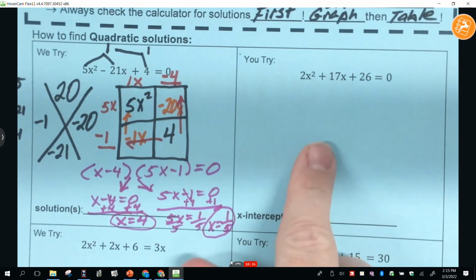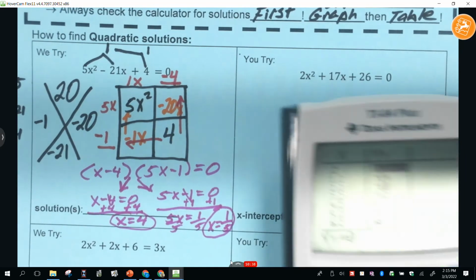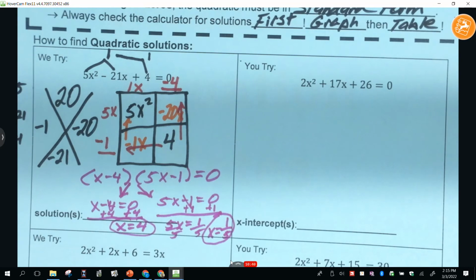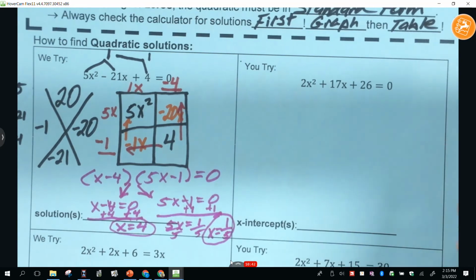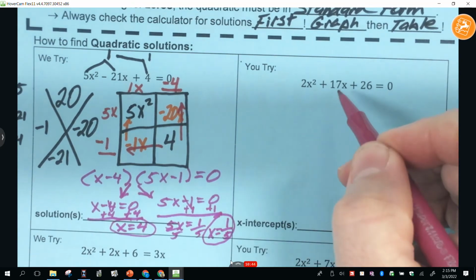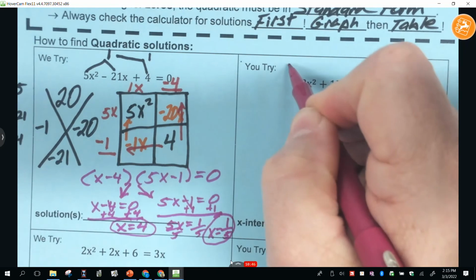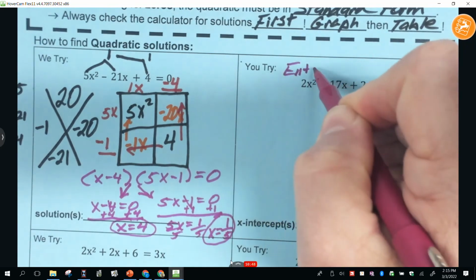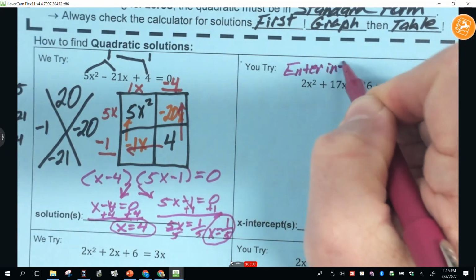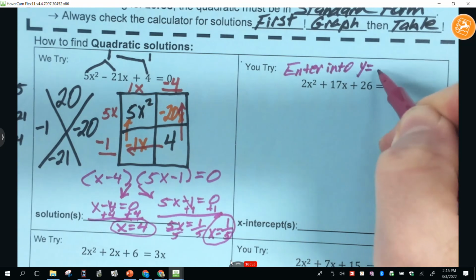Okay, so let's look at this one. Okay, so remember, your first step is to always look at the graph, okay? So our first step is enter into the calculator, enter into y equals, look at graph.